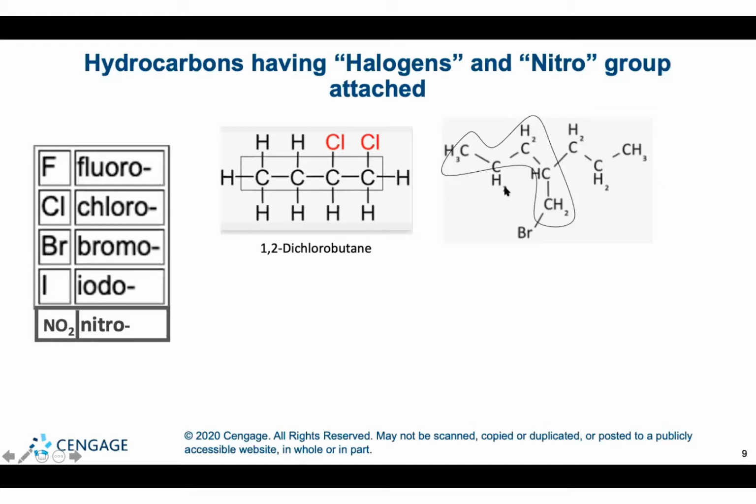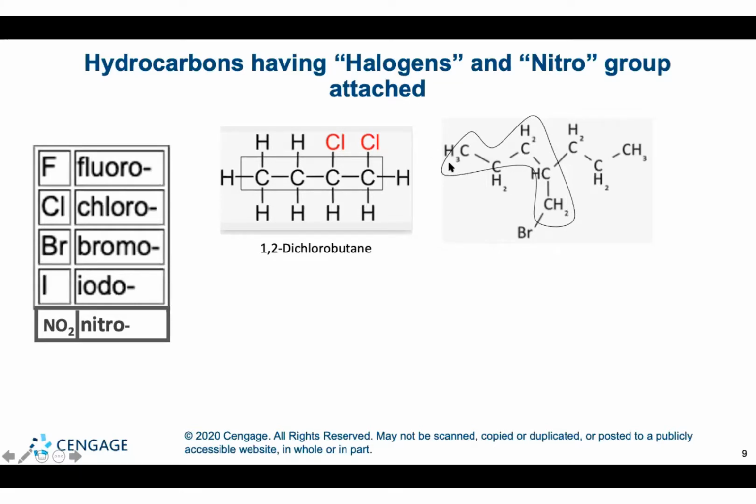But if I find the straight line as the longest chain, this one that I'm pointing to, I have only 1 branch on it, which is CH2Br. So I'm not gonna choose the straight line as my longest chain. I'm gonna do the one that I already have a line around as the longest chain.